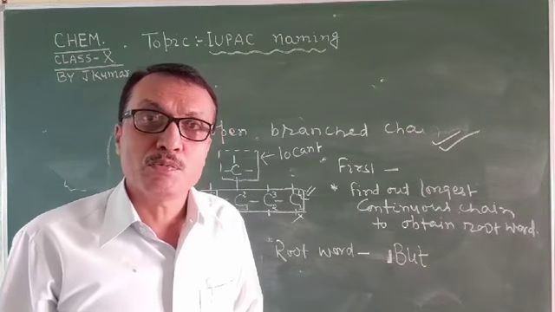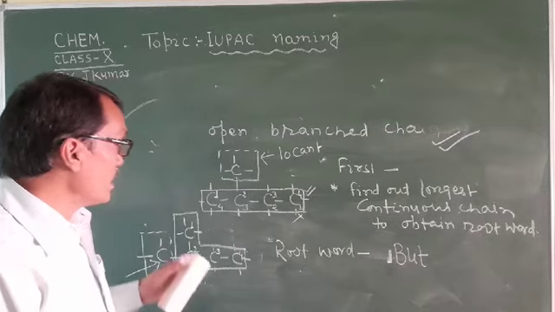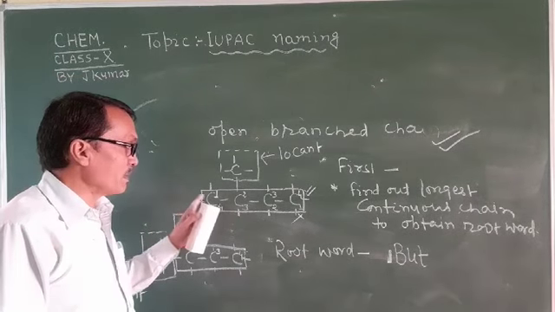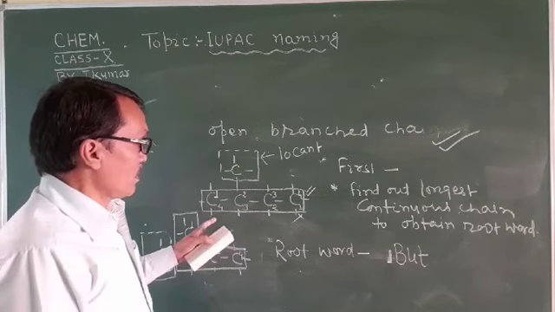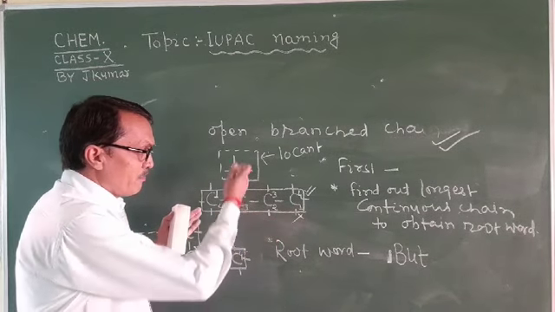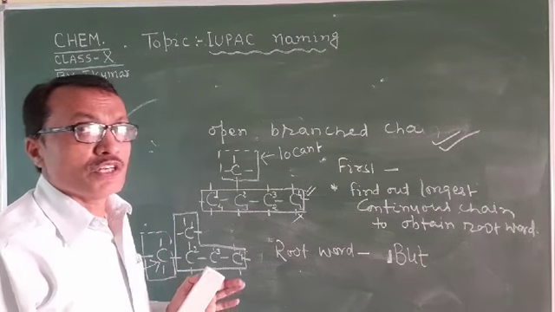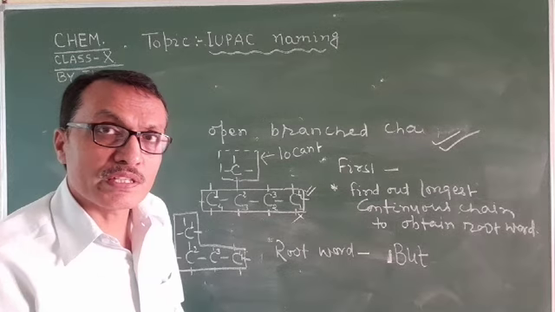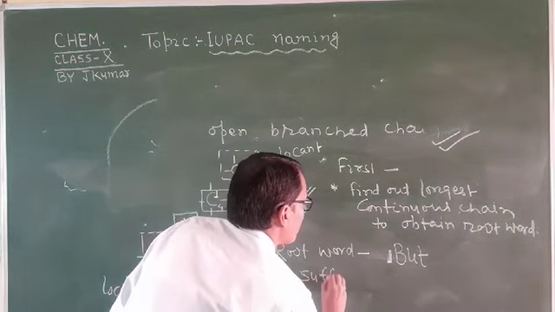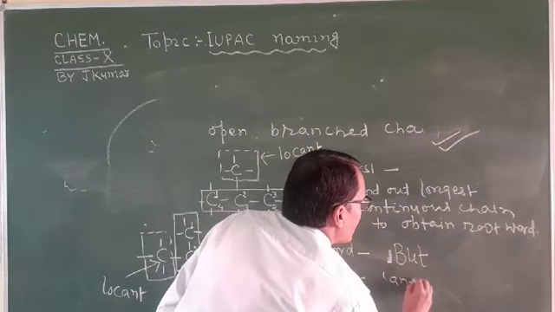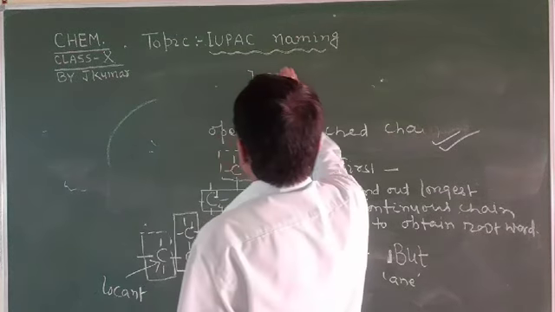So as per IUPAC system, counting of the chain will be correct if you count it from left to right. Now students, everywhere there is a single bond between carbon and carbon, so the suffix used here will be ANE.